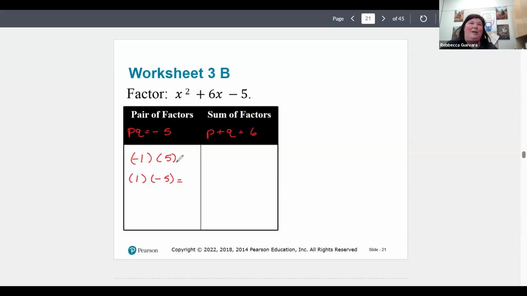They're really my only two options, so we have to hope one of these works. We want them to add together to give me 6. So -1 plus 5 gives me 4. 1 plus -5 gives me -4. I don't have any other options here, and none of these add up to 6.